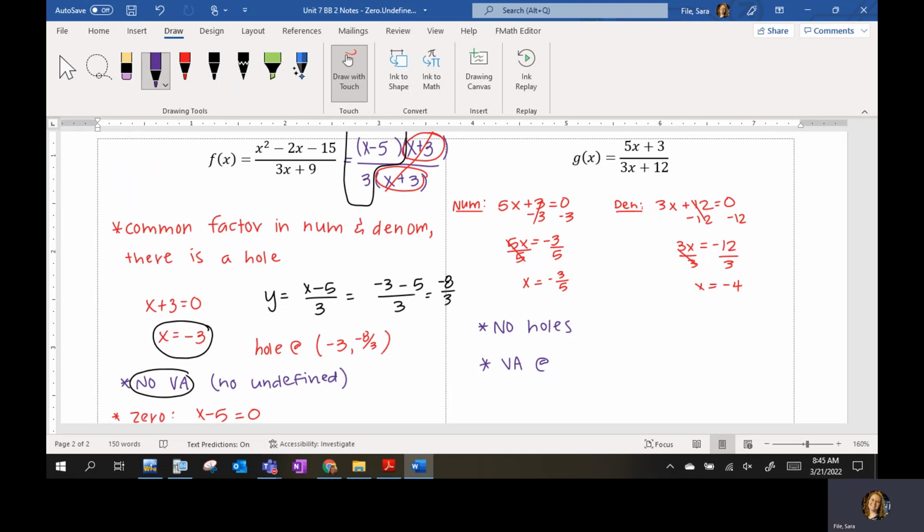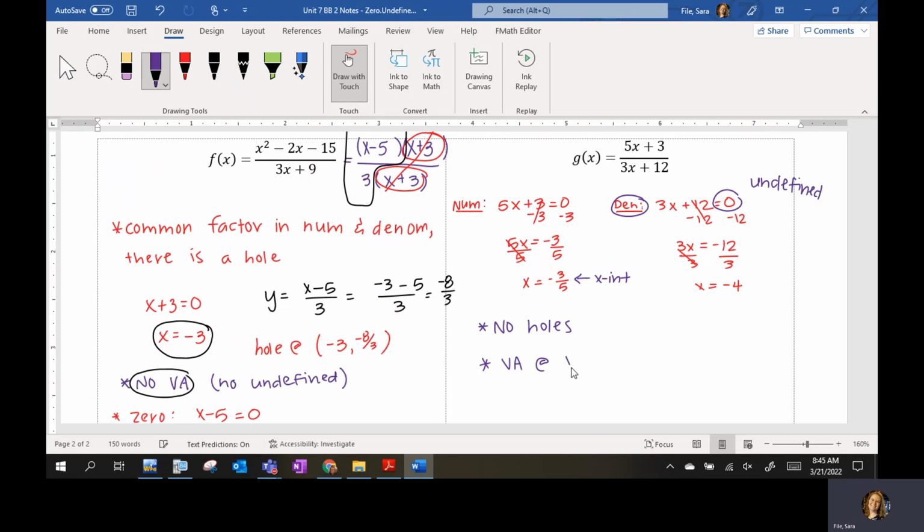Remember, where the numerator equals 0, that's your x-intercept. Where the denominator equals 0, that's where you're undefined. That's where there's a vertical asymptote.